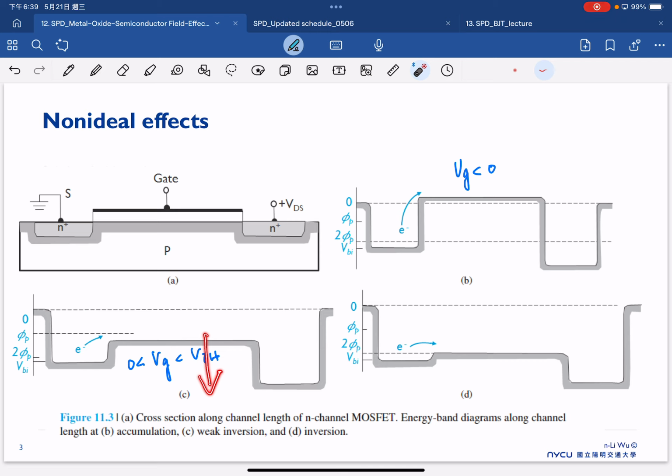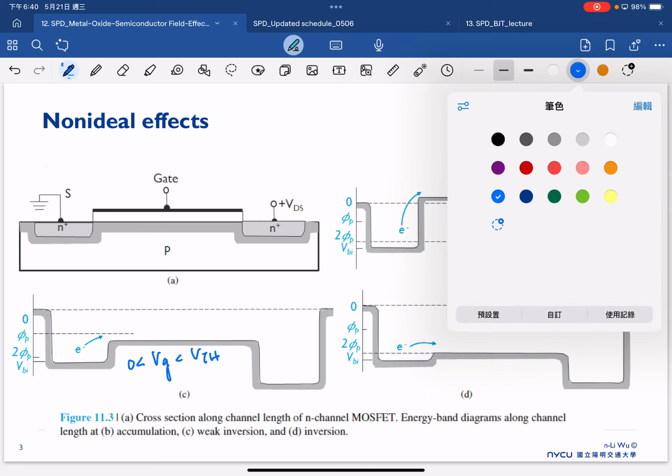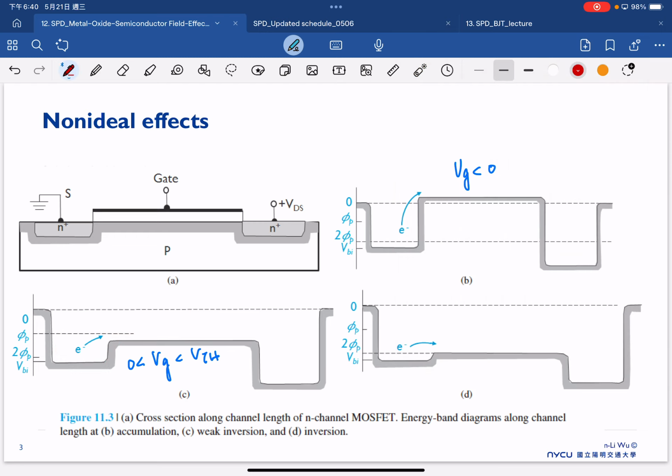So the positive bias reduces the barrier, and you can see the barrier here is reduced. The reduced barrier suggests that electrons might start to flow from the source to the channel, and this is the reason why we start to have the subthreshold current.